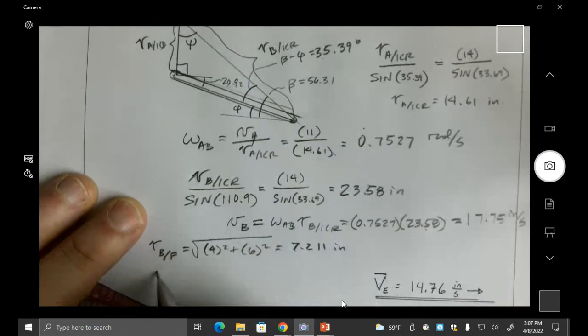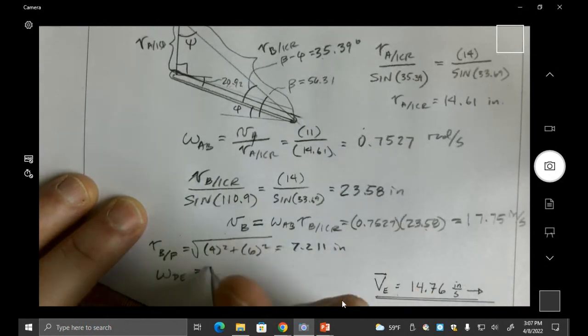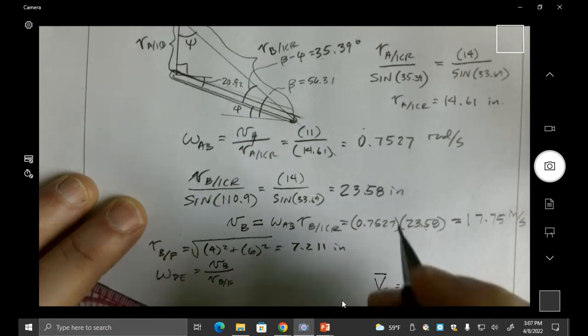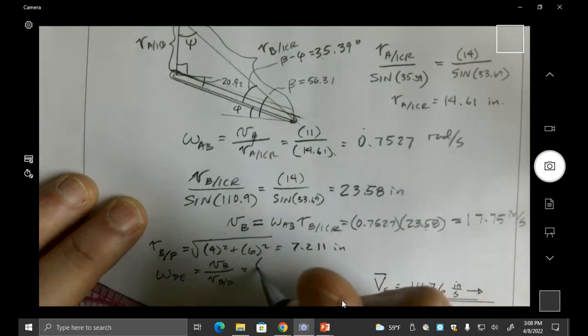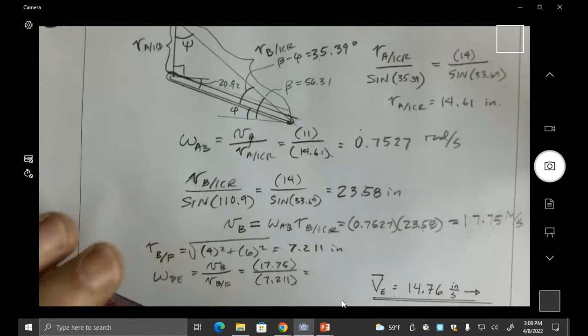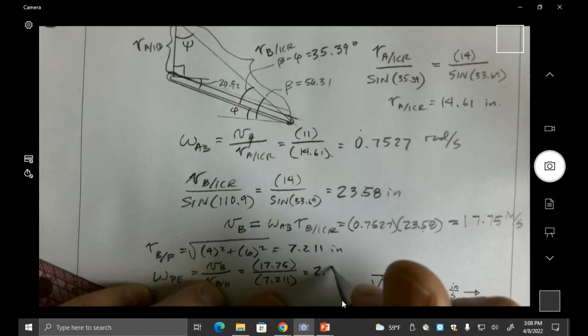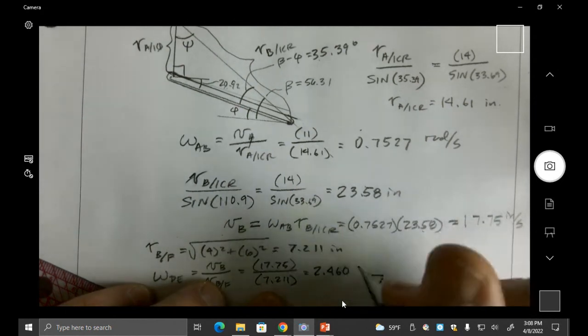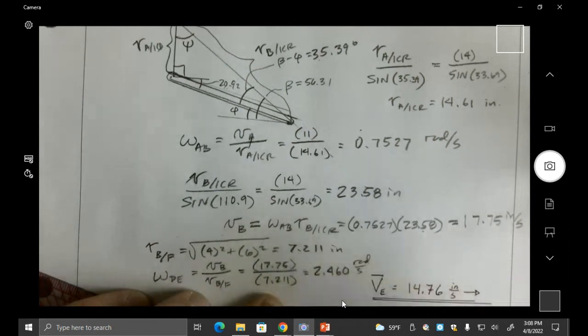So if we want to get omega BE, it's going to be the velocity of B divided by the RB with respect to F, or 17.75 divided by 7.211. I actually have that in my calculator still. So we get that it's 2.460 radians per second.